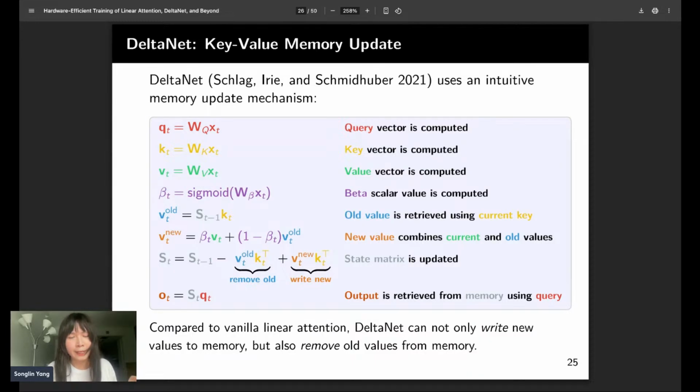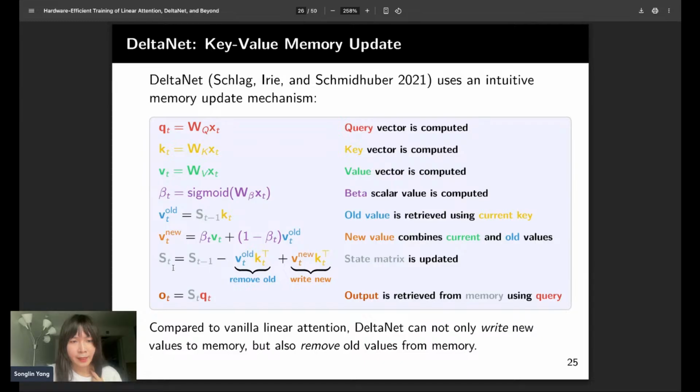Then the model dynamically decides whether to use the new associated value, which is the input value colored in green, or the old associated value colored in blue. We have this beta t to control this process, and this beta t is data dependent. So the model can dynamically learn to retain the current value or to use the previous associated value.